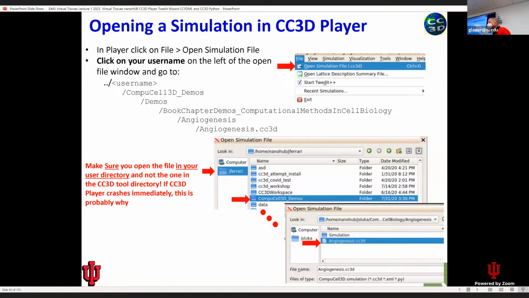There should be something called demos. Inside of that is something called book chapter demos, and inside of that is something called angiogenesis. Inside of that is a file called angiogenesis.cc3d. I realize this is almost a Microsoft level of nesting of directories, which is not the most friendly thing in the world. So give people a minute to find that.